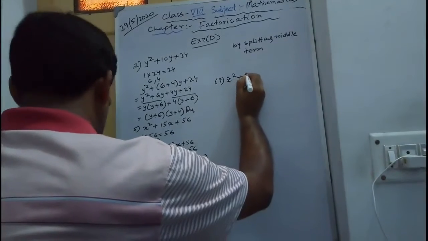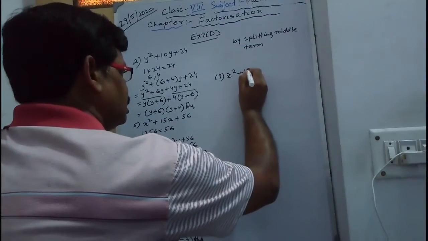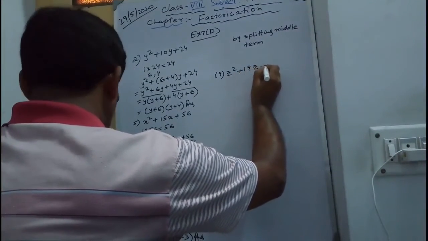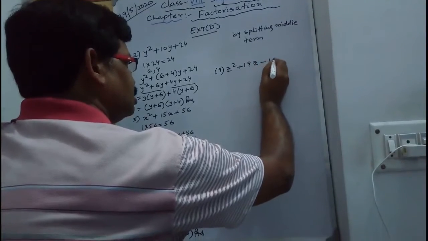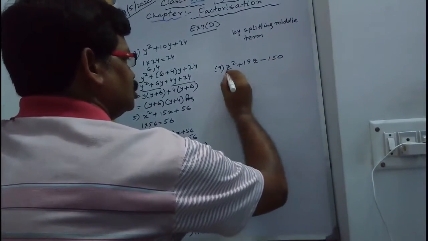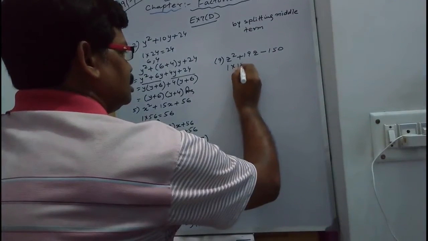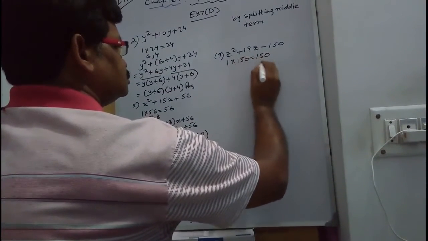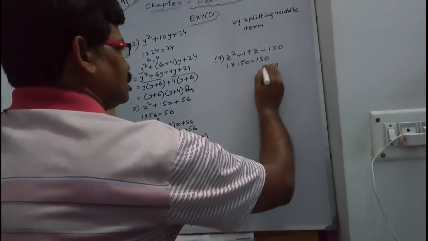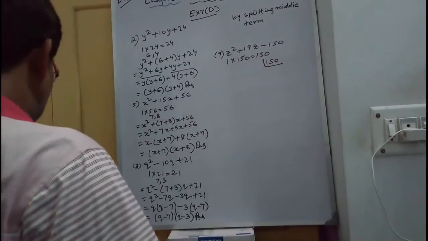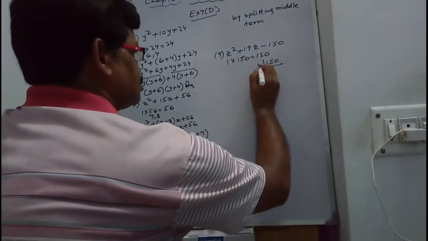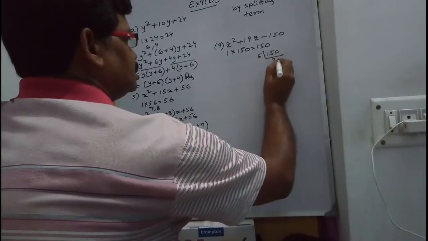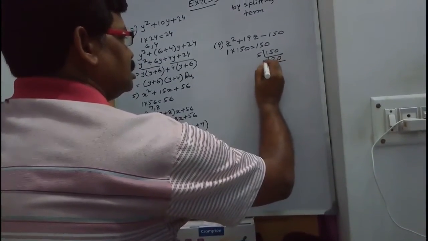plus 19z minus 150. So 1 into 150 is equal to 150. So divide by 3, 30, again by 3, 6.